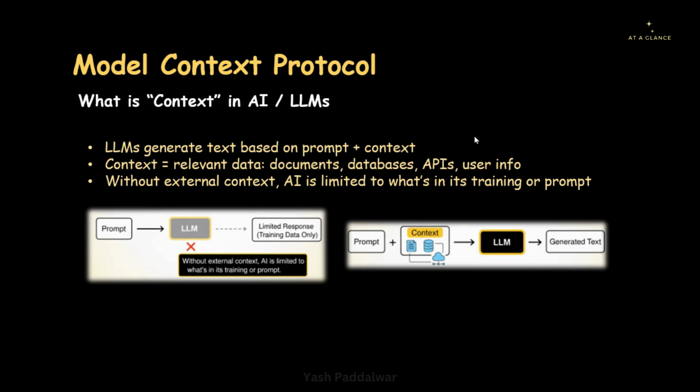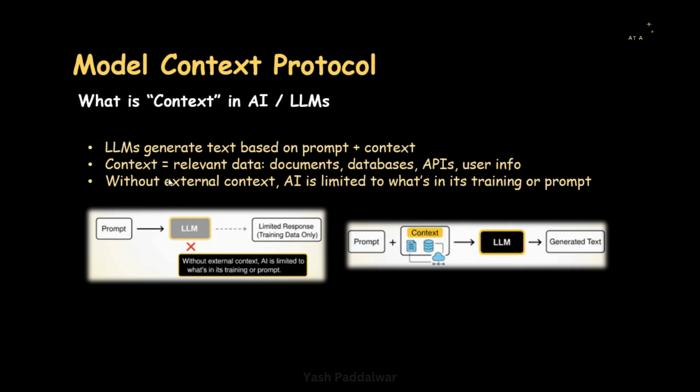For example, in RAG applications, we retrieve information from the web or from the vector store. Whatever is retrieved is termed as context. So context, you can simply call it relevant data. It can be documents, databases, APIs, user information, etc.